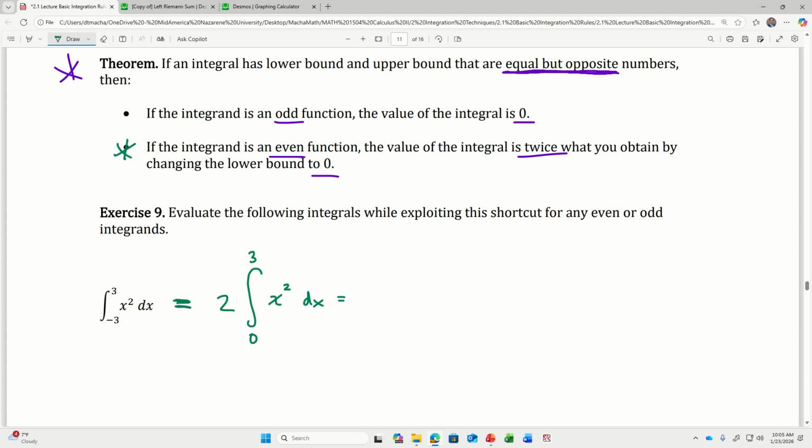So we've already done this antiderivative a few times. This is going to be 1/3 x cubed. So it's going to be 2 times 9 minus 0. When I plug in the upper bound and the lower bound and subtract, I get 9 minus 0. So it should be 18.